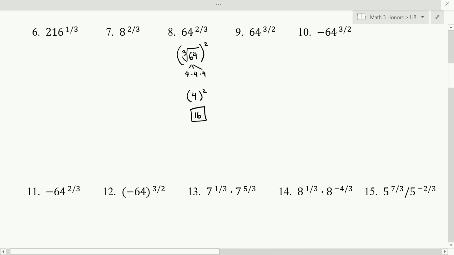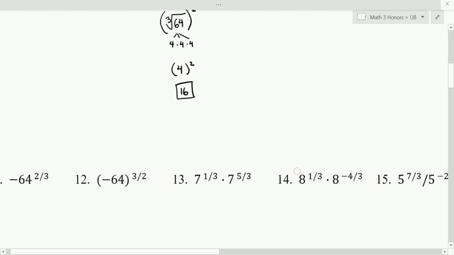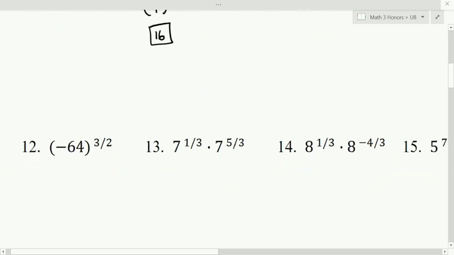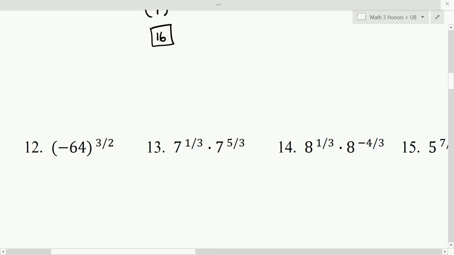Let's take a look at number 13. How do we do that one? No solution? No, there's a solution. Okay, notice on 13, the base is the same, and we're multiplying.